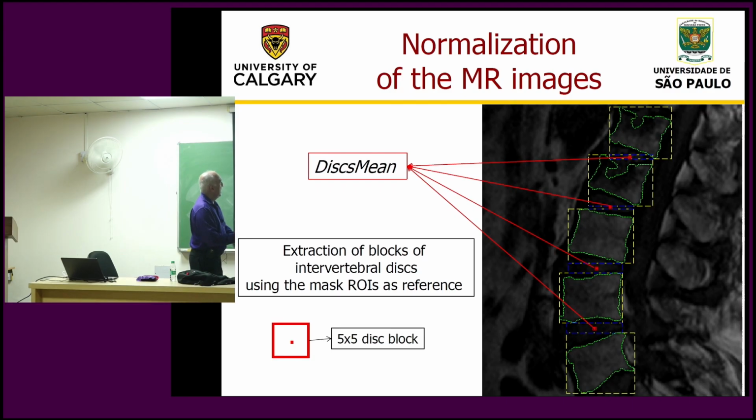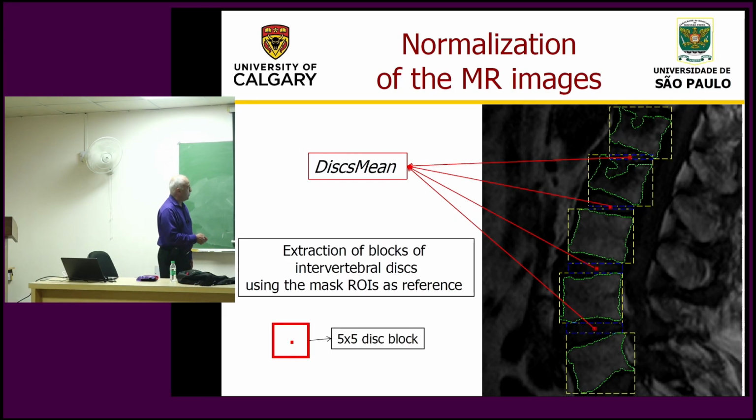disc. And knowing the value of the disc relative to the other parts of the image, we obtained a small window, 5 by 5 block within the disc, delimited using the boundaries of the vertebral bodies as marked here. And a simple algorithm was able to locate them accurately in all of our images.